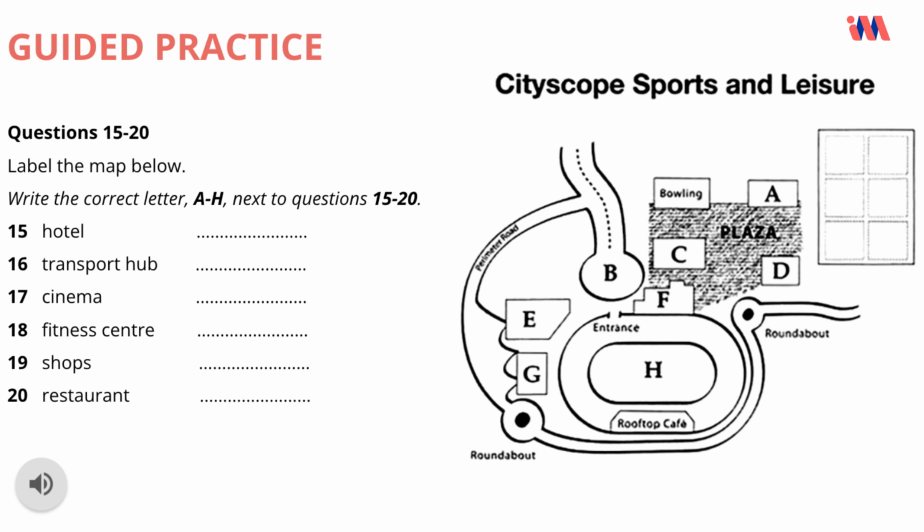Then there's the 10-pin bowling between the cinema and the road. Near the far end of the perimeter road and between the mini roundabout and the pitches, there's our fitness centre with all kinds of equipment and a small pool and changing rooms for teams using the pitches.